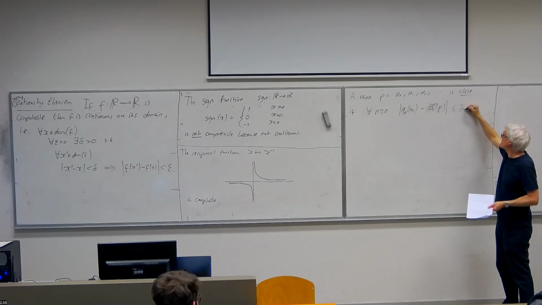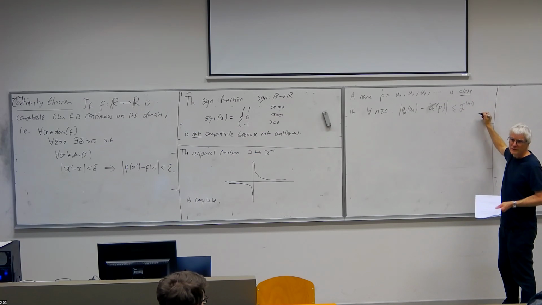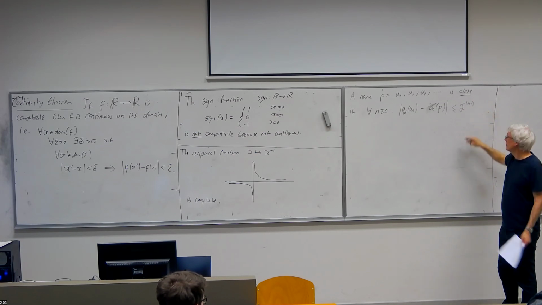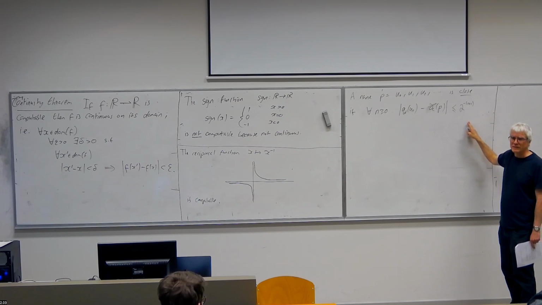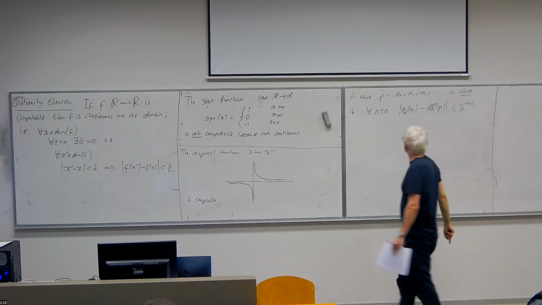The name is close if it's always within 2 to the minus n plus 1. Okay, so the approximation is twice as good as it needs to be.